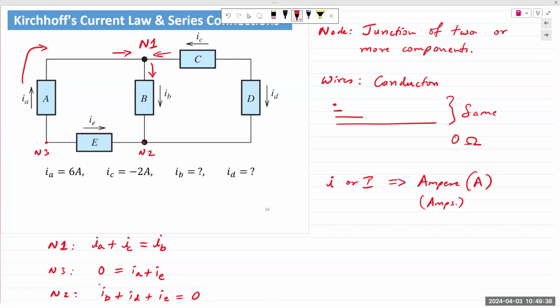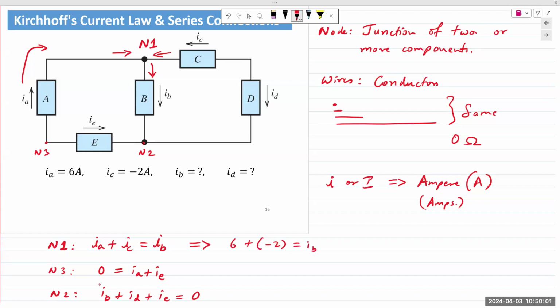IE, IB, ID all entering the junction, but mathematically speaking, either one or two of those would turn out to be negative. Okay. So let's see if we can solve this. IA plus IC is equal to IB. 6 plus minus 2 is IB.